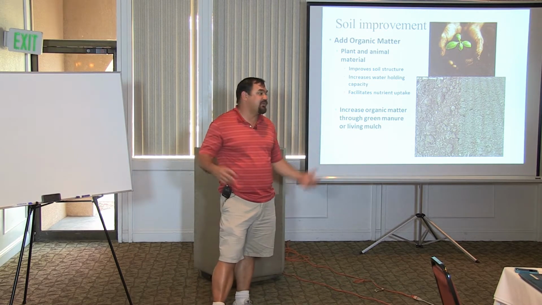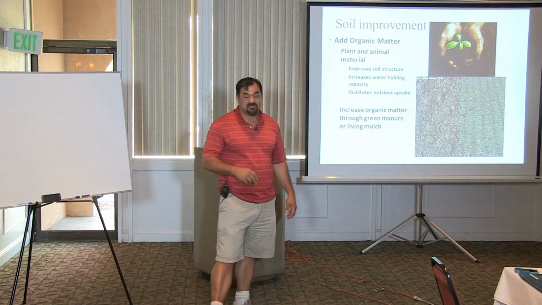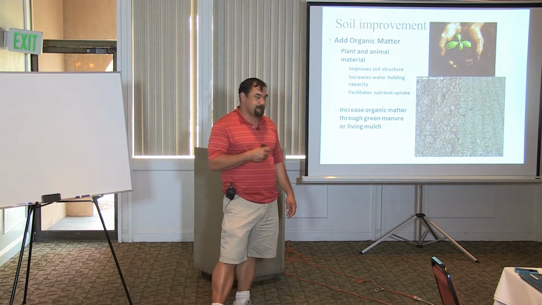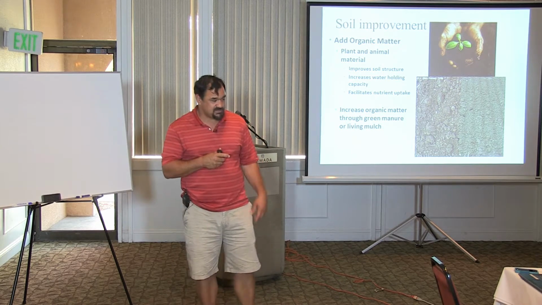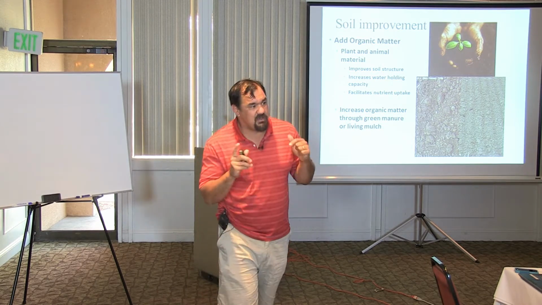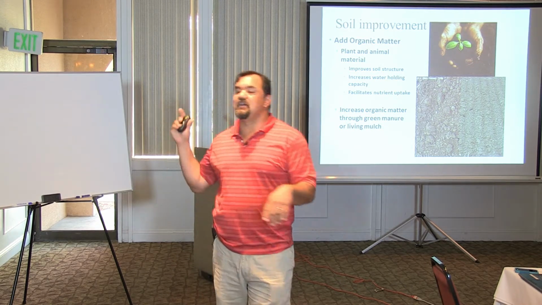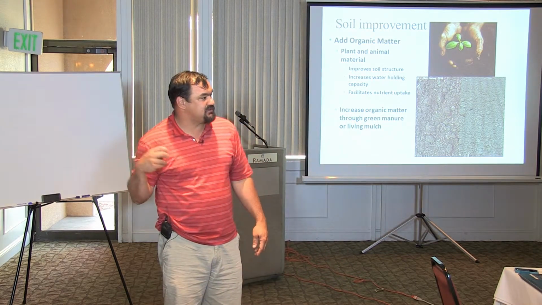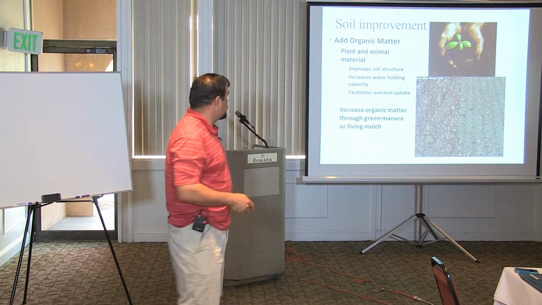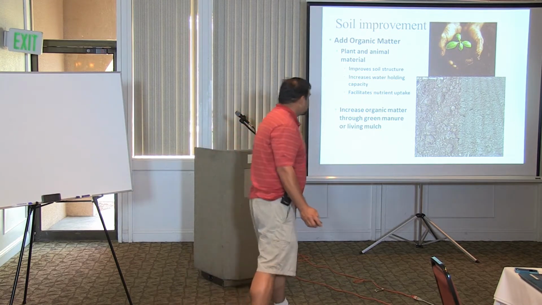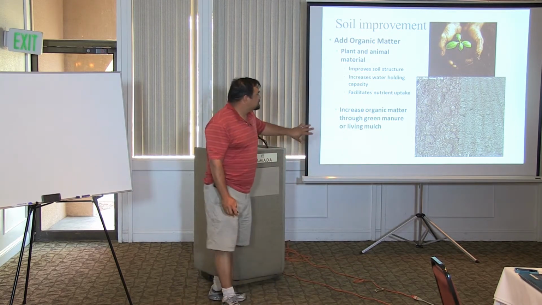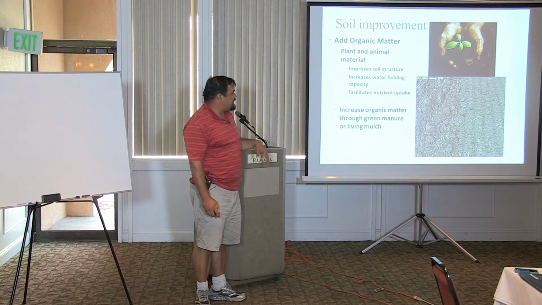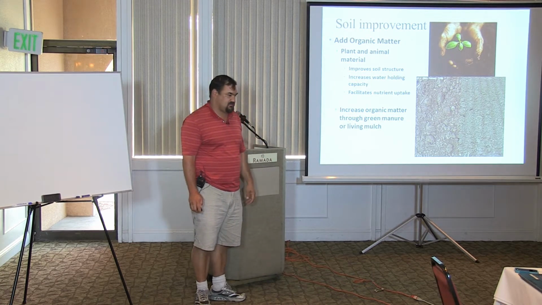So that might be one way that we can get two benefits. Okay? But the point is that somehow, some way, we need to figure out how to get more material into the soil, not out. Okay? So, if I can increase organic matter, I can do a lot.